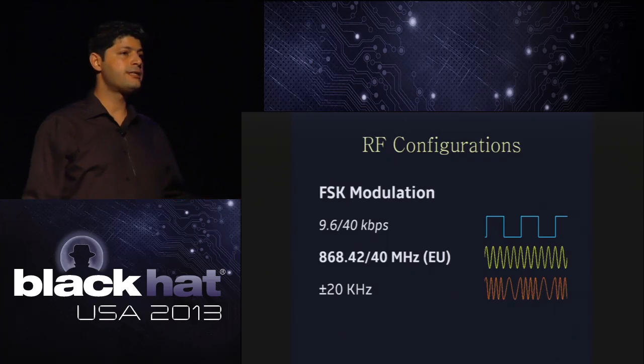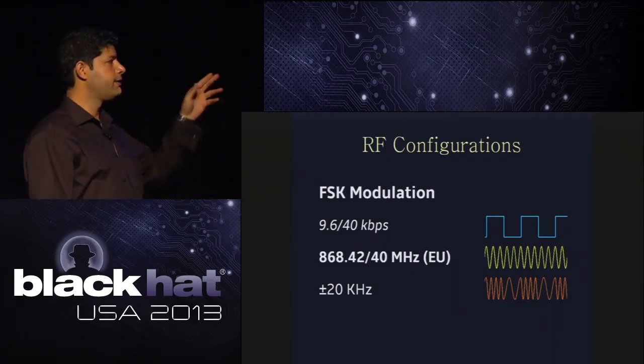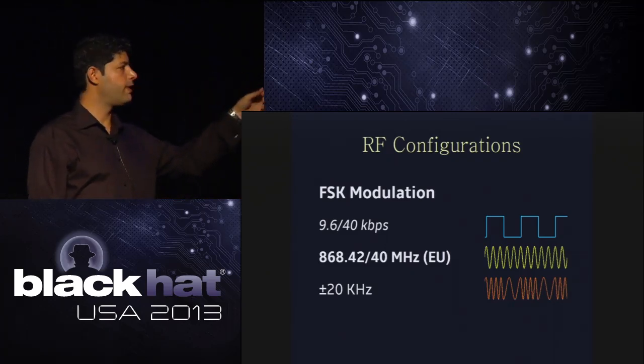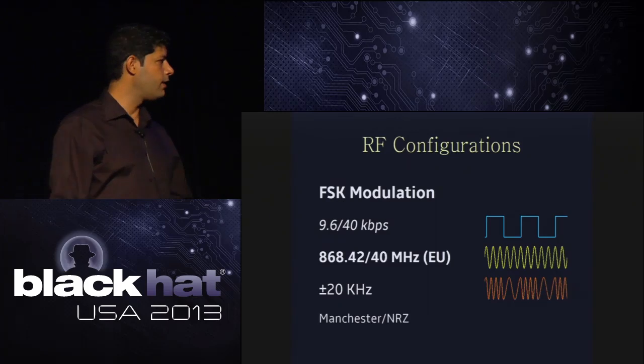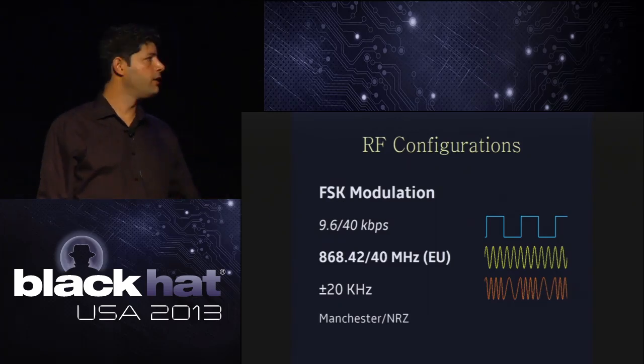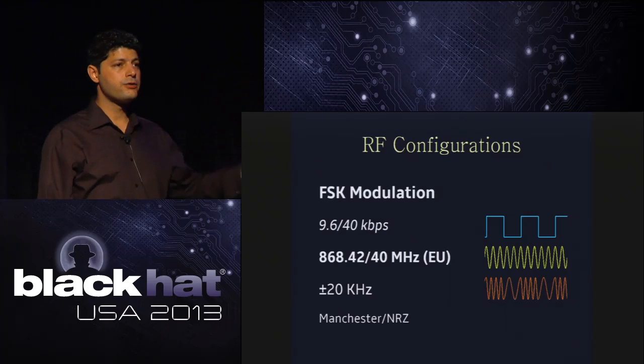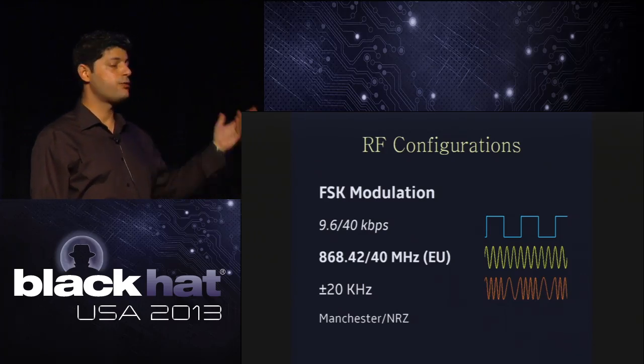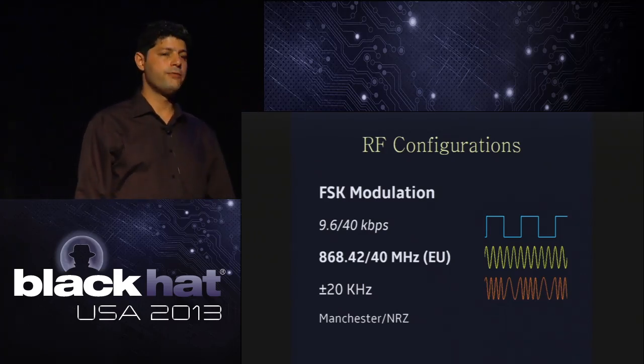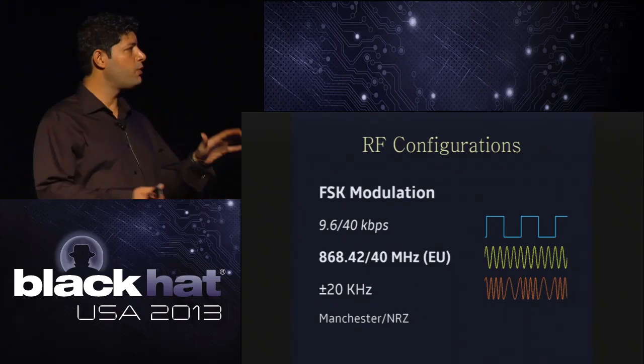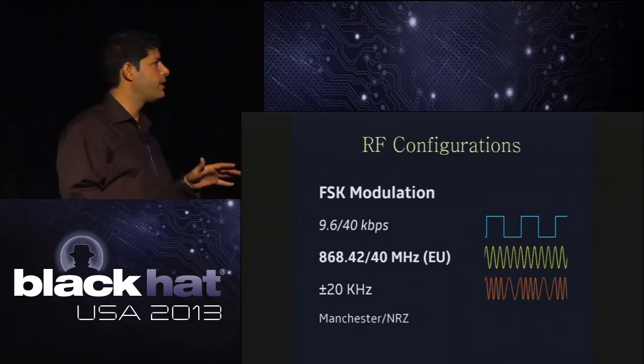And if you were to actually see the RF signal going around the house, that's what it would look like, the red graph at the bottom. There are other things as well. For encoding, Z-Wave uses Manchester encoding at 9.6 and NRZ at 40 kilobits per second. So that is the information which is publicly available.